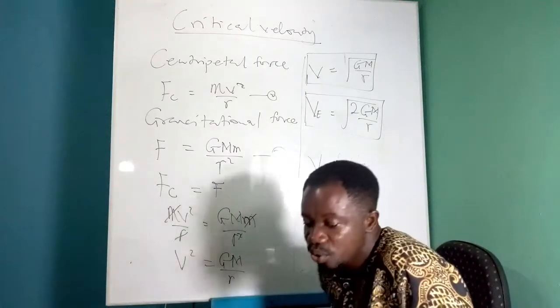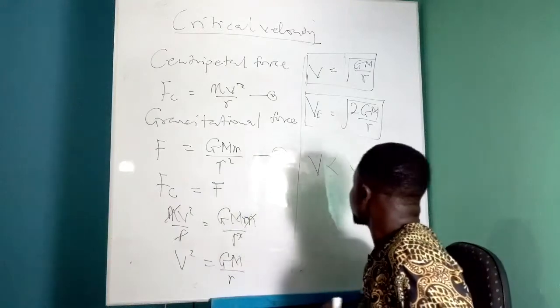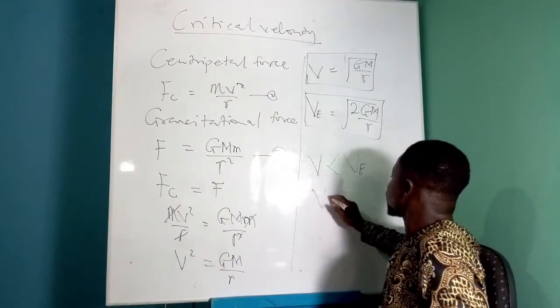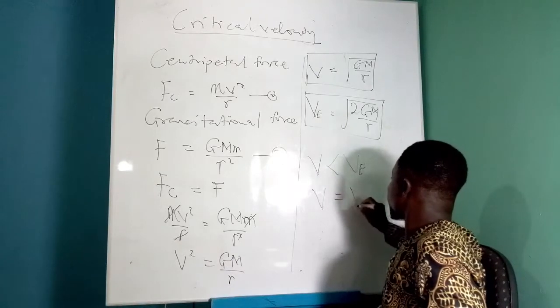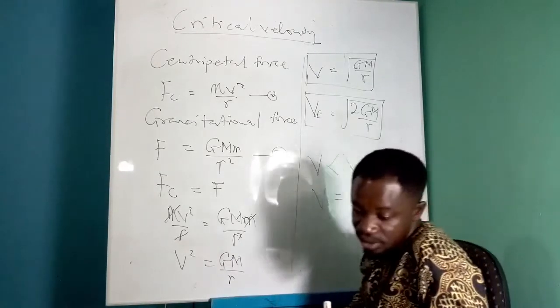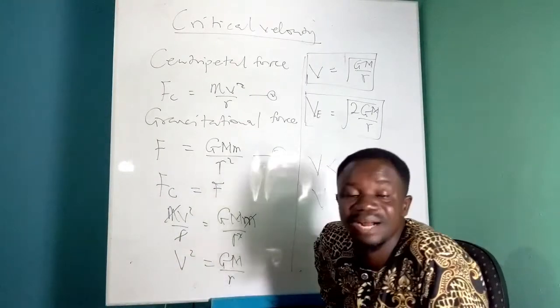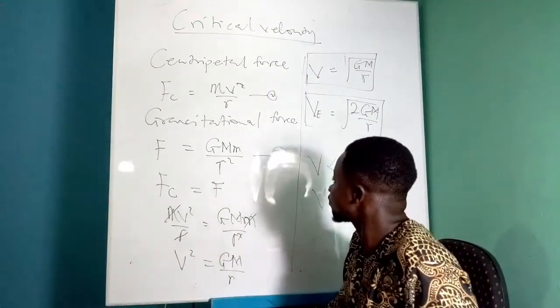When V is equal to VE, that is when the critical velocity is equal to the escape velocity, the satellite will move on a parabolic orbit.